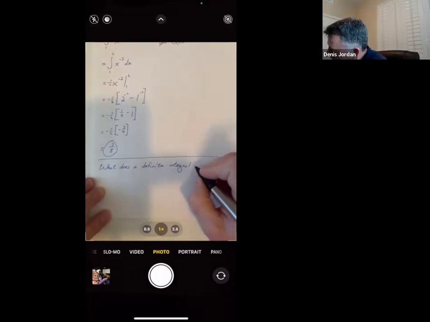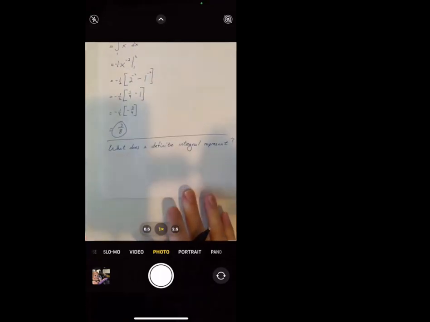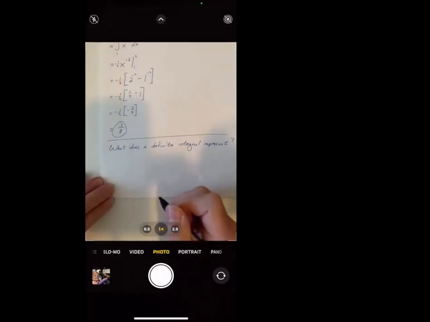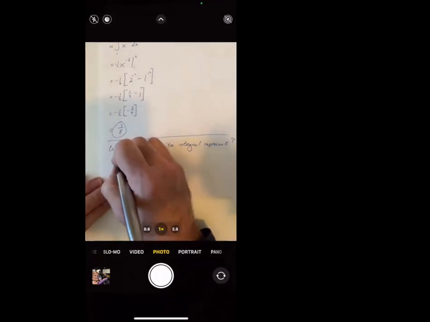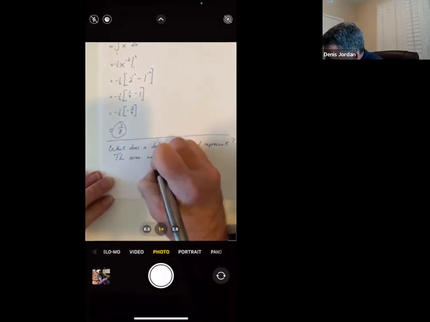All right, what does a definite integral represent? Does a definite integral represent the area under a curve between some x values? Yep. Exactly right.